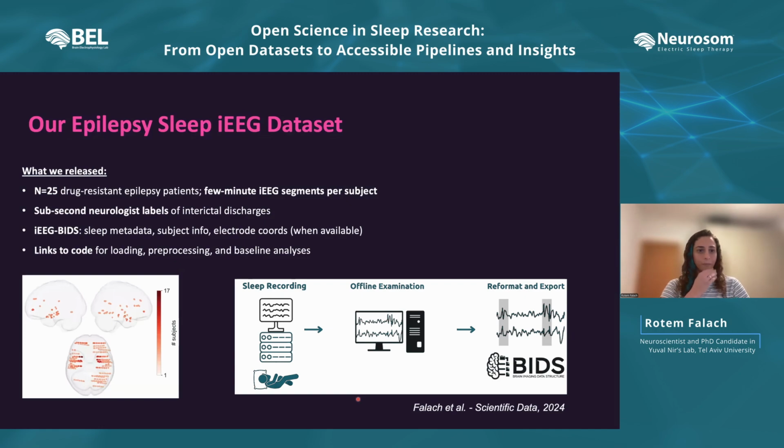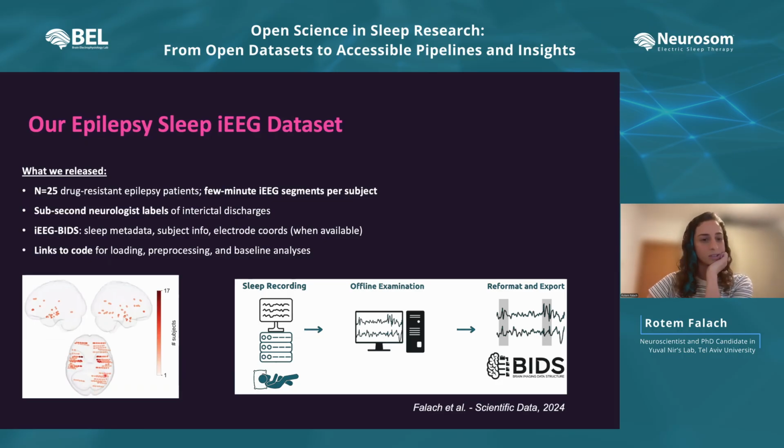So what we did, we had these very special patients. We have 25 drug-resistant epilepsy patients. They're going through a surgery because they don't respond to medications well enough. So they have these intracranial electrodes. These are all the electrodes of all the subjects.